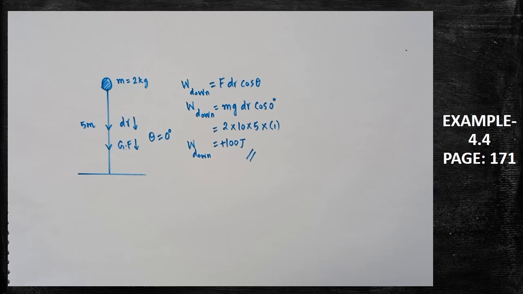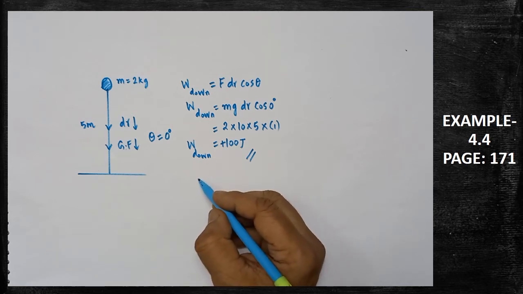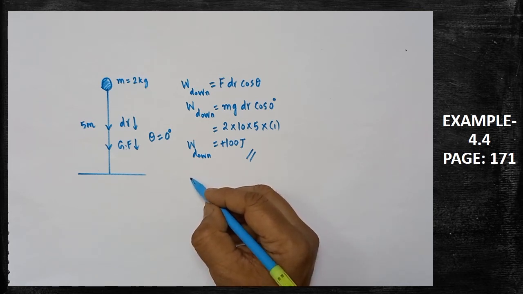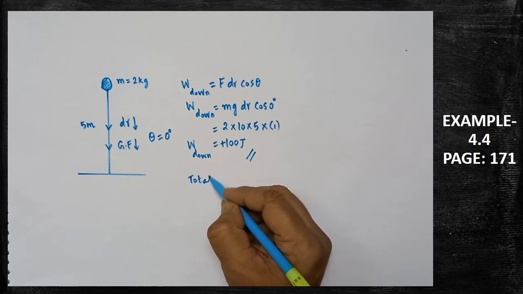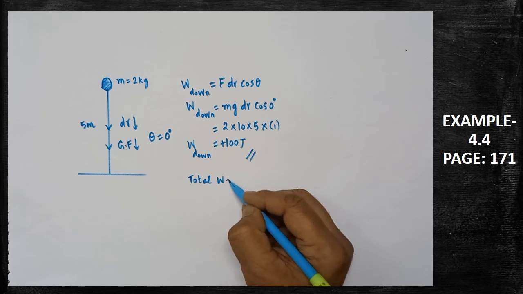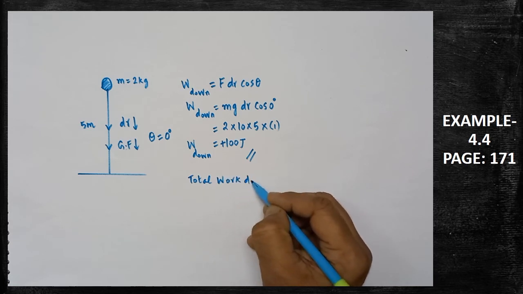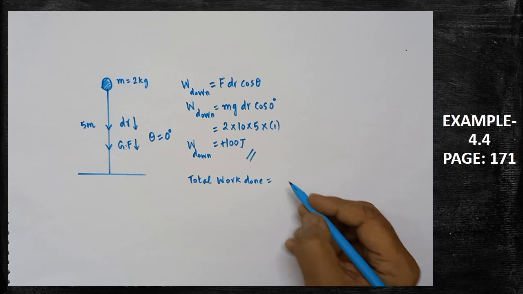How to calculate the total work done? Very simple. To calculate the total work done, what do we have to do? Substitute the values. What formula is required?